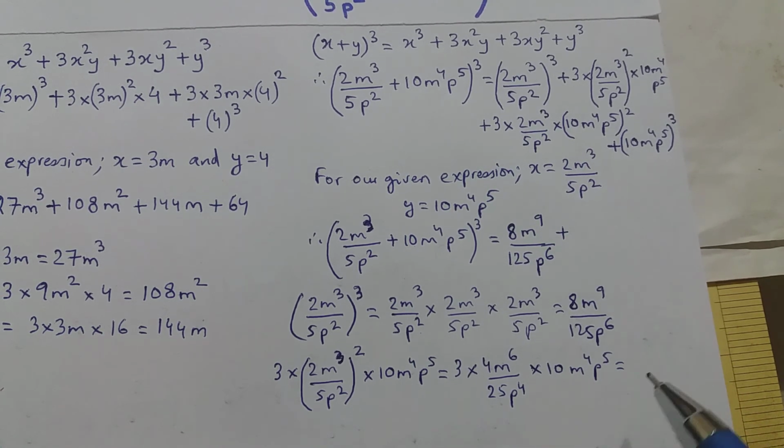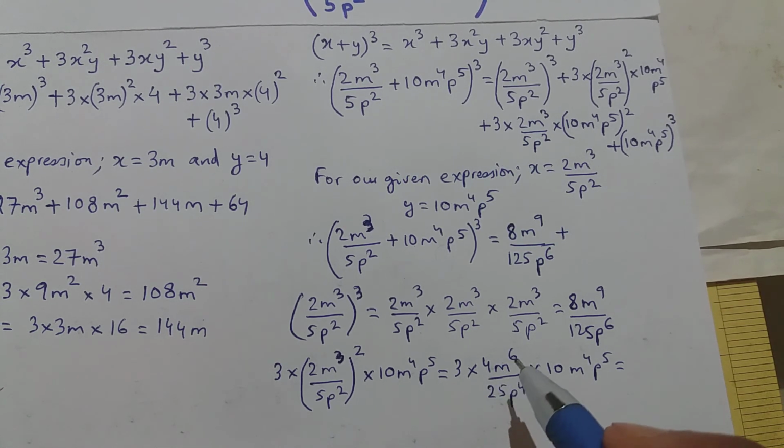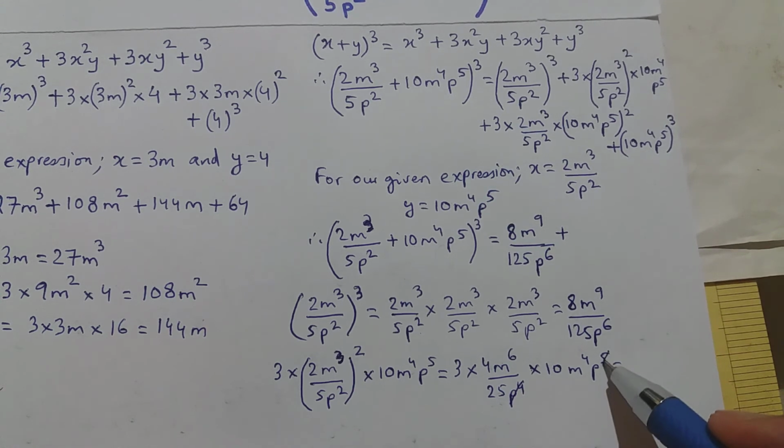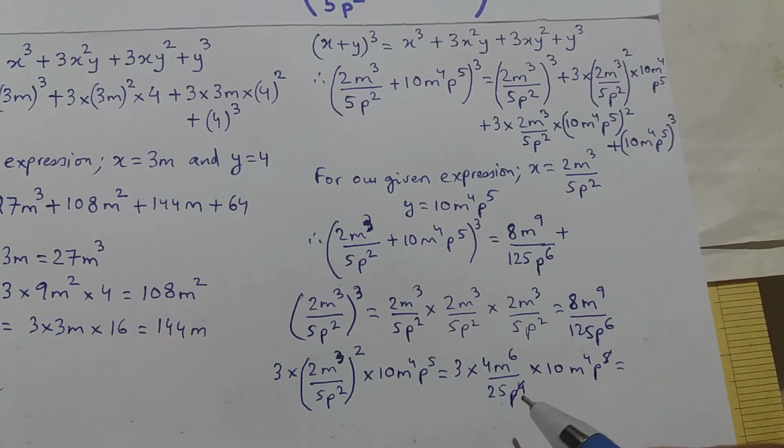And now we will simplify this expression, which is 3 into 4m to the power 6 upon 25 p to the power 4 into 10 m to the power 4 p to the power 5. So p to the power 5 upon p to the power 4 will become p.